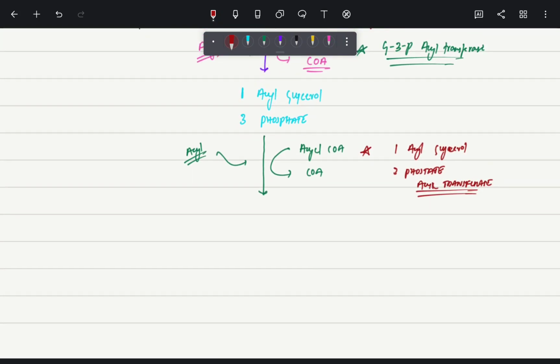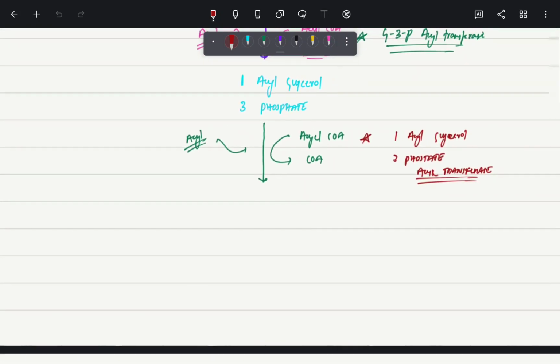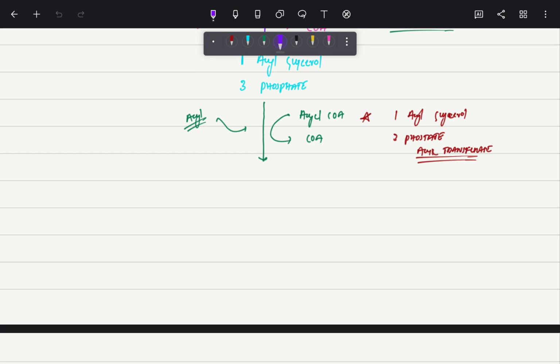Okay, and finally, what is the newly synthesized compound here? It is your 1,2-diacylglycerol 3-phosphate, which is also known as your phosphatidate.